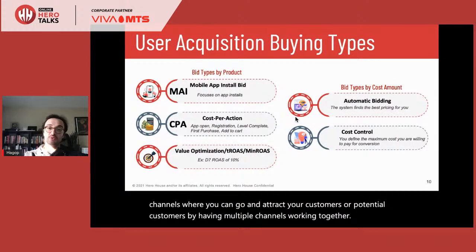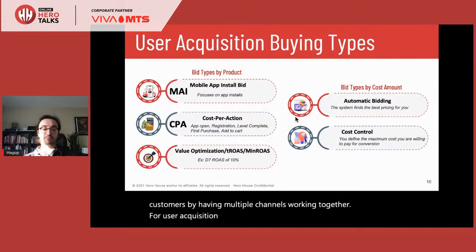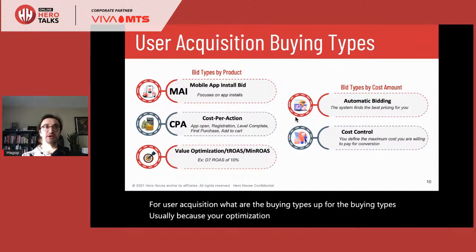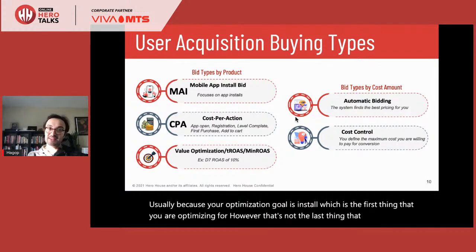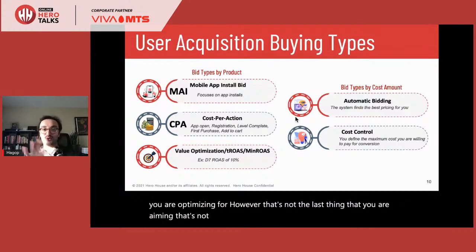For user acquisition, what are the buying types? For the buying types, usually your optimization goal is install, which is the first thing that you are optimizing for. However, that's not the last thing that you are aiming for. That's not your end goal or end result.